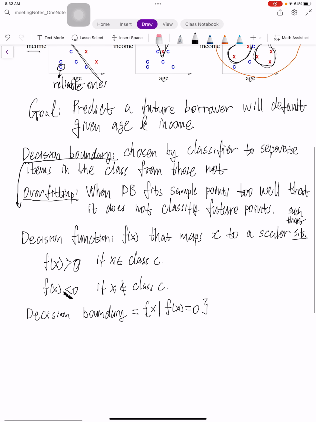Sometimes this quantity is also called the isosurface of decision function f for iso value 0.